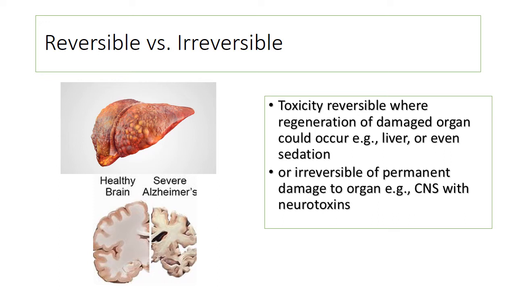The ones we are more concerned about are the irreversible effects, which cause permanent damage. For example, CNS neurotoxins, or aflatoxins if they lead to liver cancer. We should think about these intentionally as we do our work: is there any reversible toxicity? Is the toxicity irreversible or not?